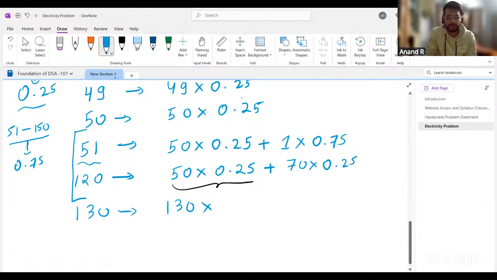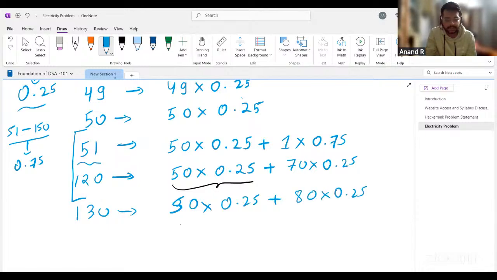If it's 130, it will be 50 into 0.25 plus 80 into 0.75, right? So can I say that this part is the same if the value is between 51 to 150? Let's take 150. So it will be 100. Agreed? And this particular value keeps on changing.